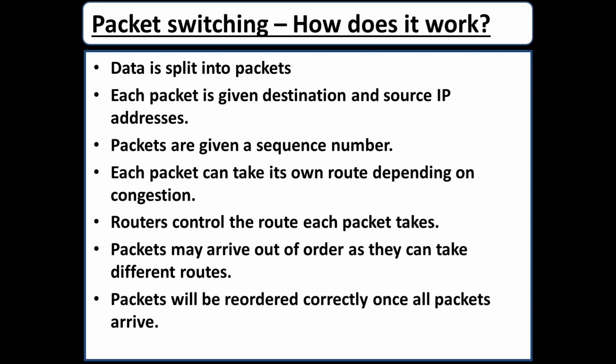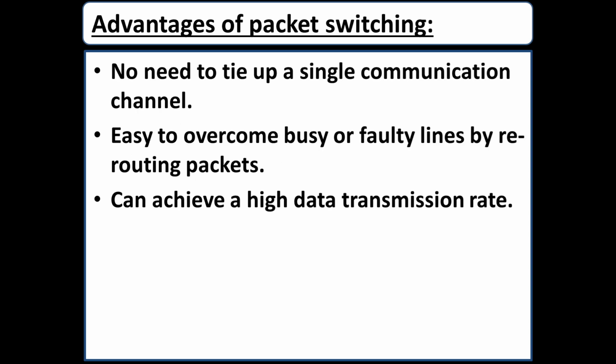Okay, so this is a summary of what we've just covered on packet switching. The advantages of packet switching are that you do not need to tie up a single communication channel, because they all take different routes depending on congestion.